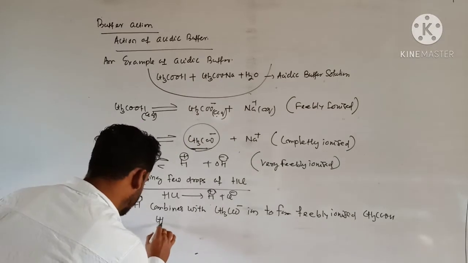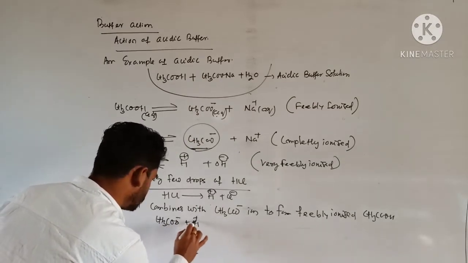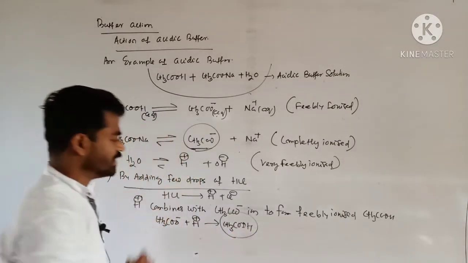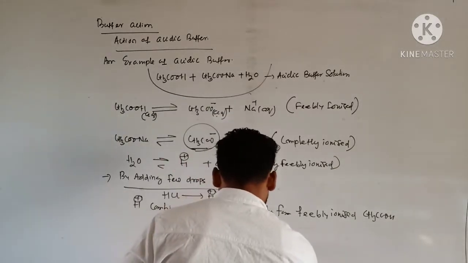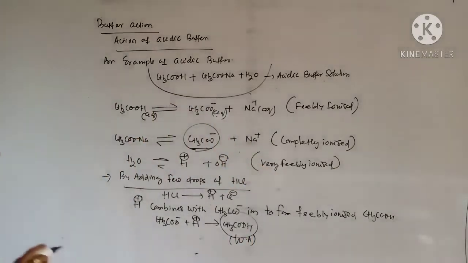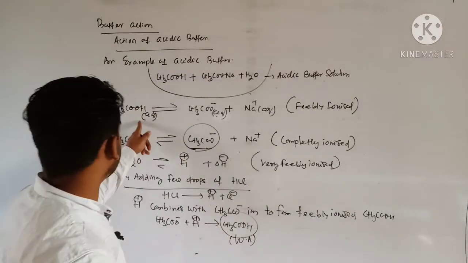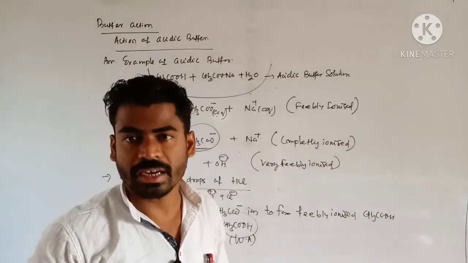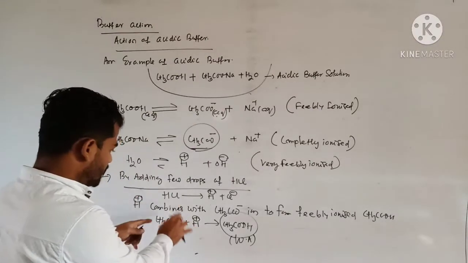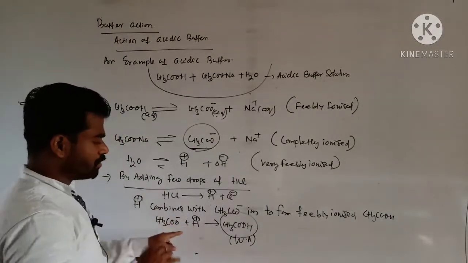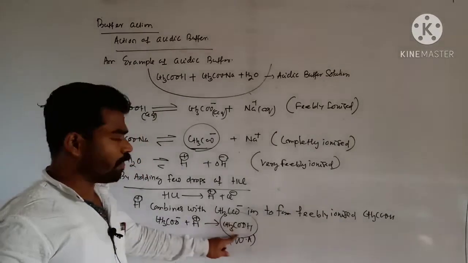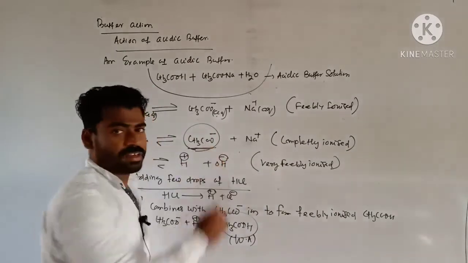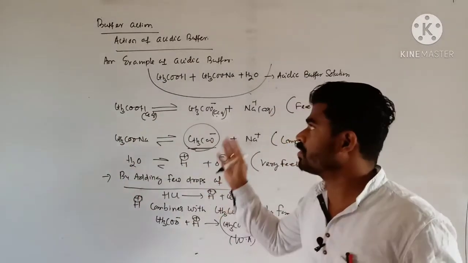So here what happens, by adding a few drops of HCl, this H plus combines with the acetate ion, CH3COO minus plus H plus, it will give you CH3COOH, acetic acid. Again this one is a weak acid, whose dissociation is further suppressed by common ion effect. Is that clear? So H plus, that is given by this acid, combines with the acetate ion to form acetic acid, and the dissociation of acetic acid is further suppressed by common ion effect that I had just discussed before this buffer solution.